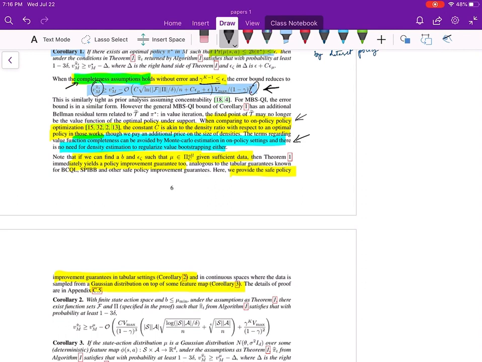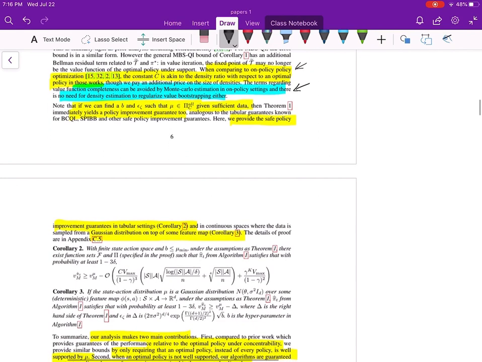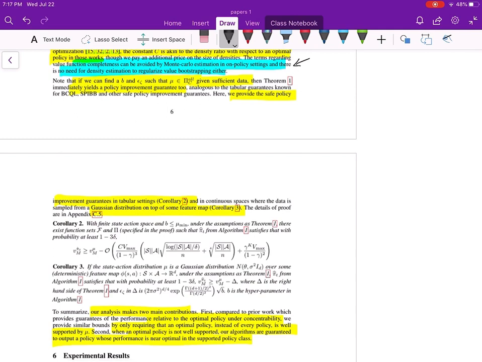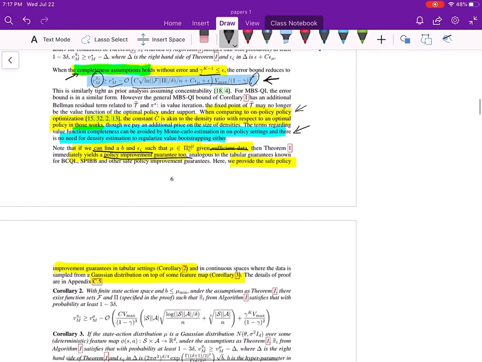So let's go ahead with the results provided in this paper. If we can find this bound, given sufficient data, then theorem 1 immediately yields a policy improvement guarantee too, up to this constant.